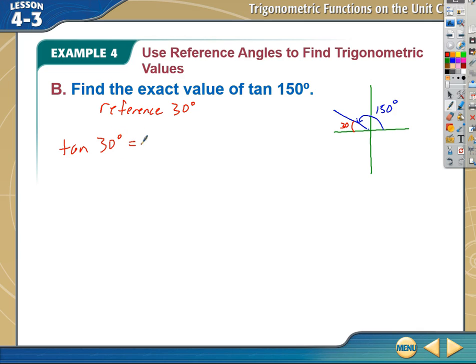All right. Well, tangent of 30 degrees, that's just the y over x of 30 degrees. So again, you can look at your unit circle, find out what are my values there for y over x, or use your method of memorizing. Okay, 30 degrees. All right, and I find out that it's going to be 1/2 over square root of 3 over 2.